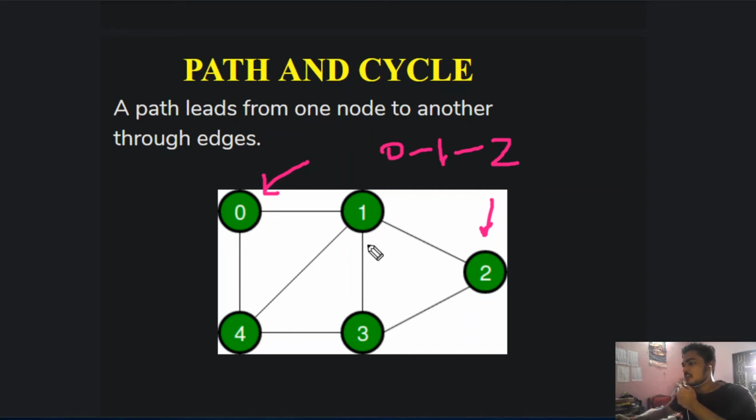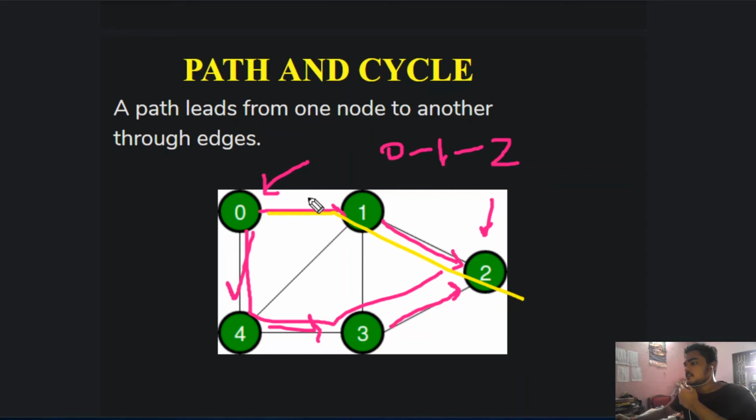These all are paths because they are connected through edges. We can go from 0 to 2 through this path, or through that path. So the path from one node to another node through the edges is just a path, right?